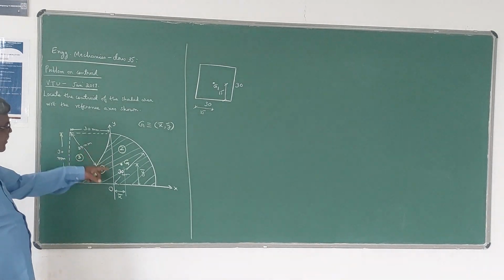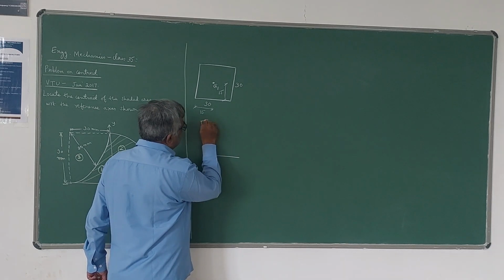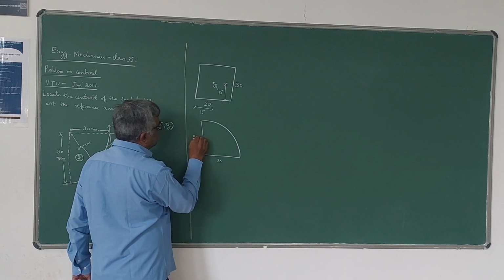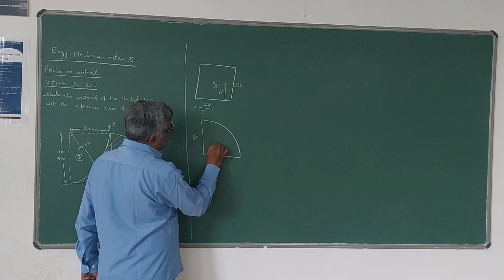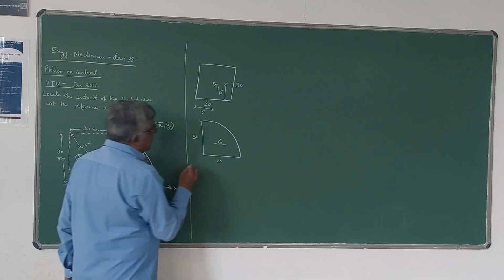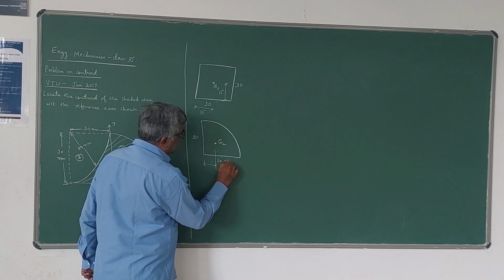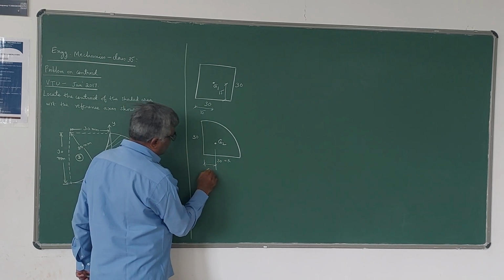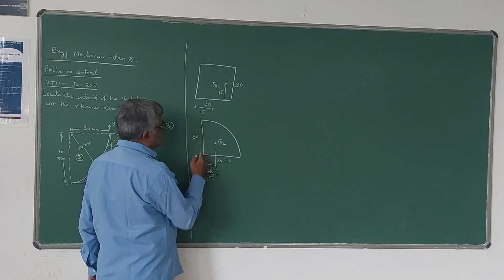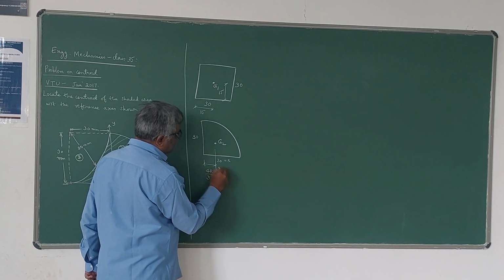Next, coming to this quarter circle, second one, I will take quarter circle of radius 30 mm. You know that the centroid of the quarter circle, G2, lies at a distance of 4r by 3 pi from the diameter axis. This is also a diameter axis, this is also a diameter axis. So 4r by 3 pi distance from this.